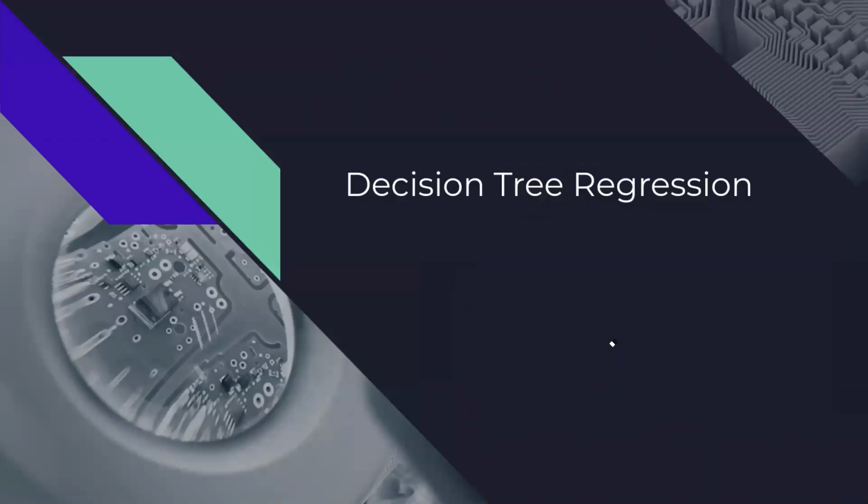Then we talked about the decision tree regression. Now I am introducing a new concept here, which you need to understand. So we'll go into some detail about what this decision tree is and how it works.